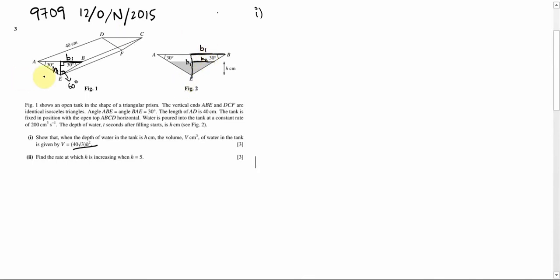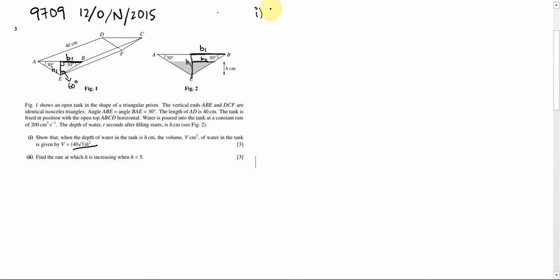So first, let me write this more clearly. This is h1. Here this angle is 60 degrees. So if I take tan, tan is opposite upon adjacent, b1 upon h1.